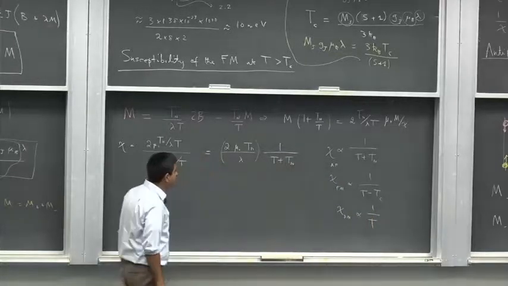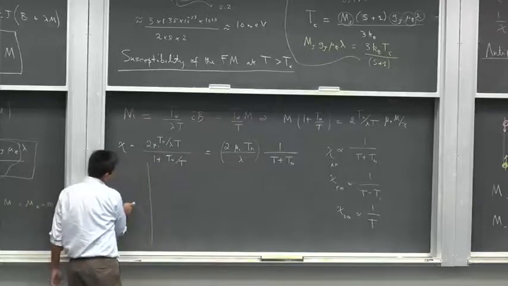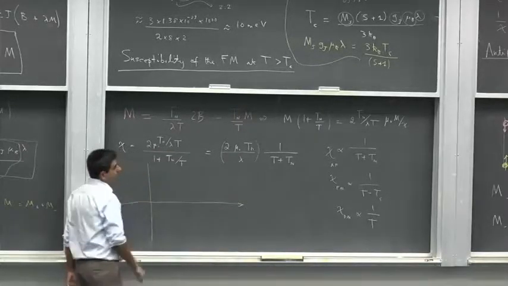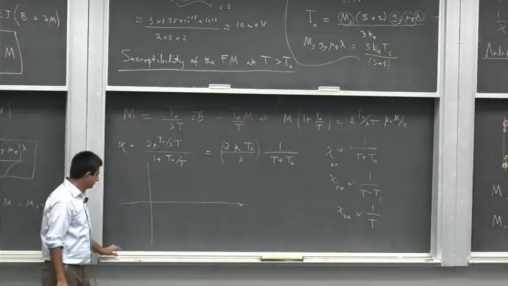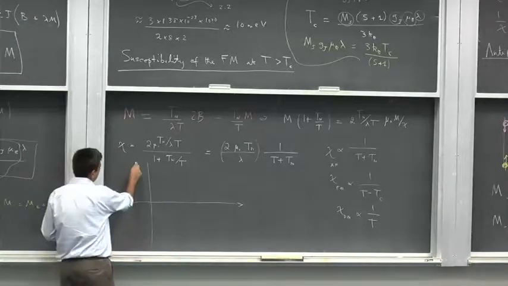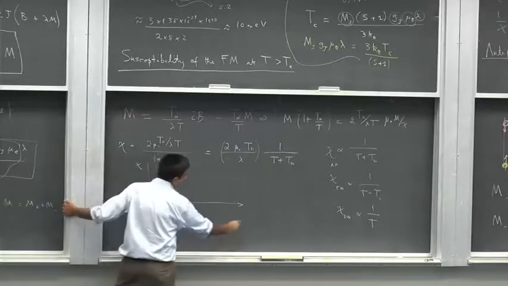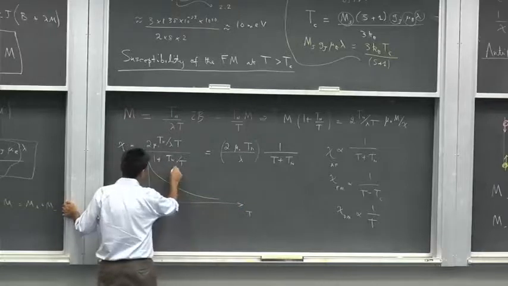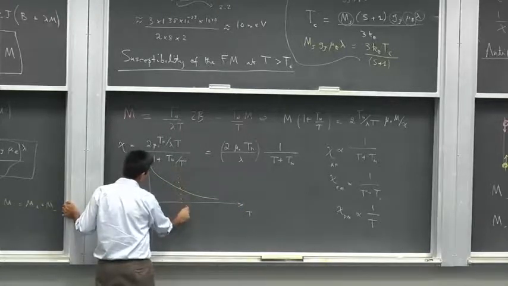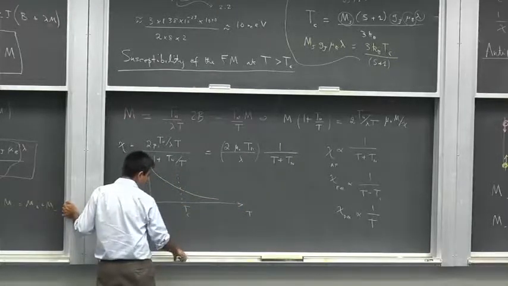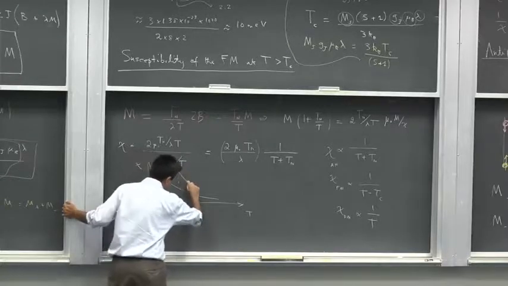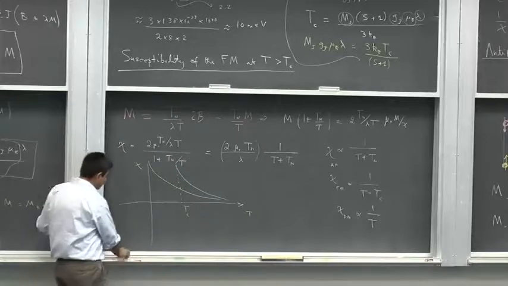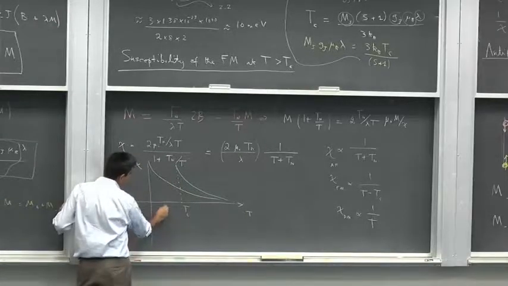Now we can plot all of these together. Chi versus T. Paramagnet. Suppose this is my Tc for a ferromagnet. This is my curve for the ferromagnet. Now suppose this is my Tn.